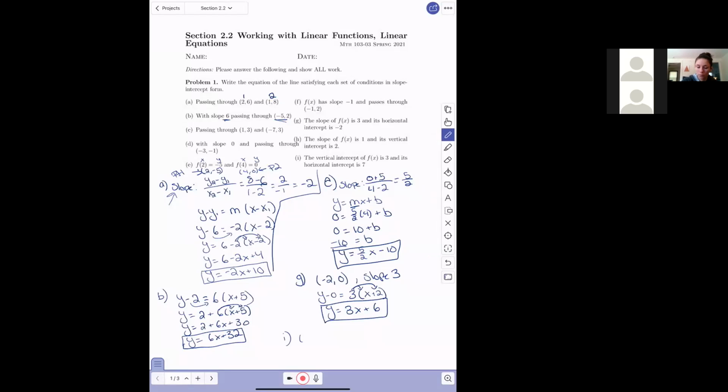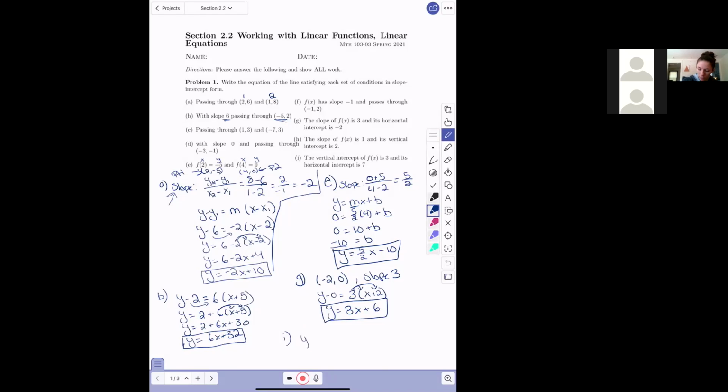How do I want to do this one? There's a couple ways you could do this. You could find the slope as you typically do, or we can go ahead and just plug it right into slope intercept form, which I think I'll do that way.